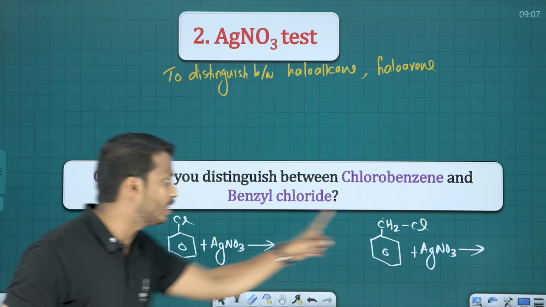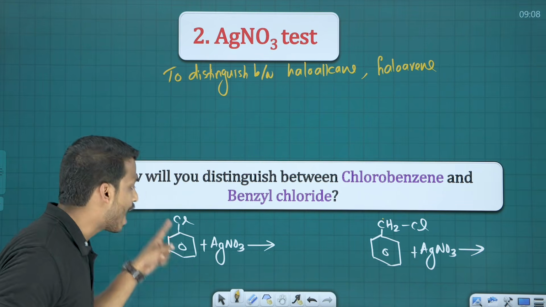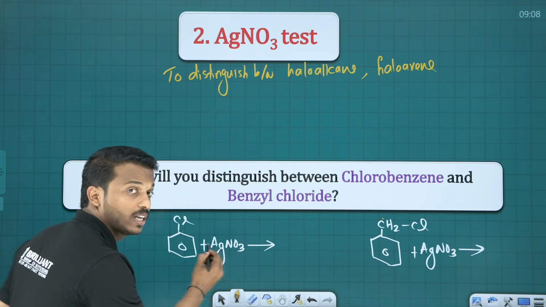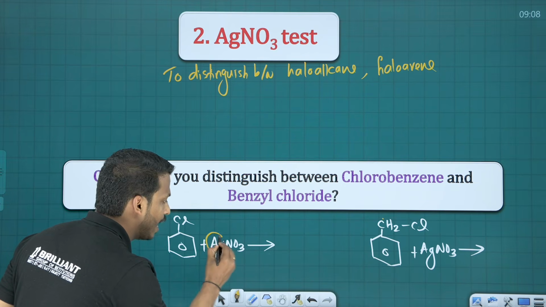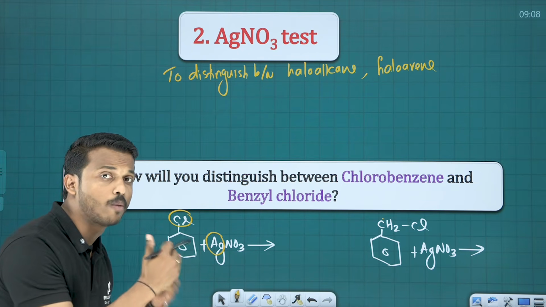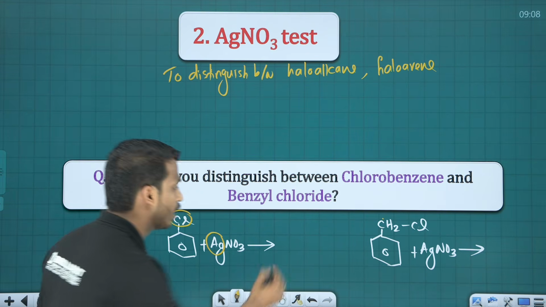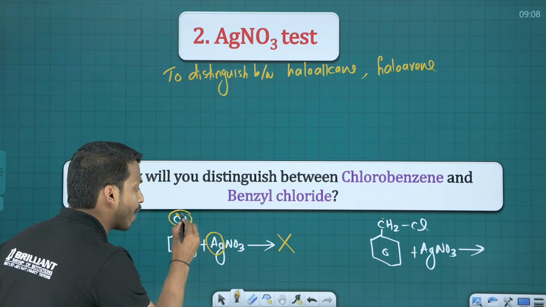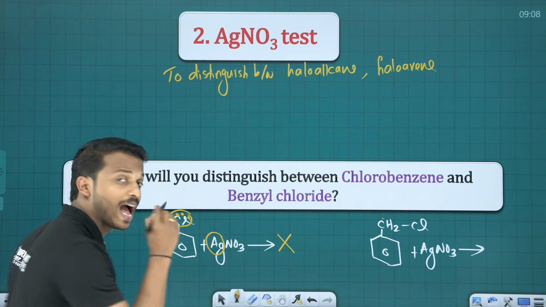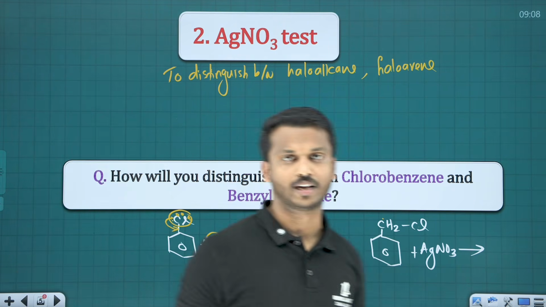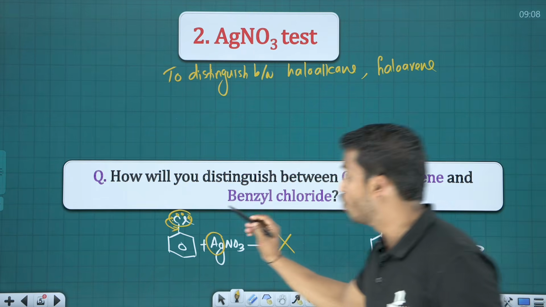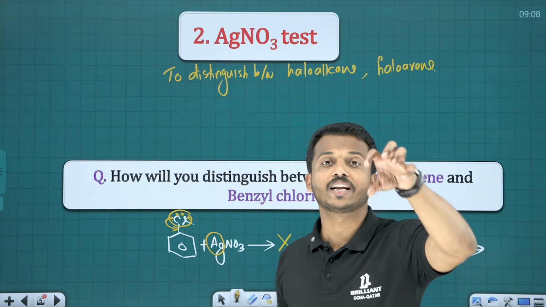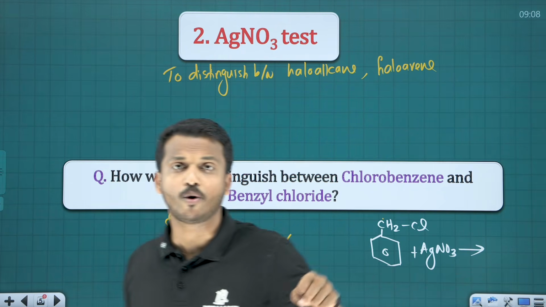So this is haloarene, this is a haloalkane. When haloarene reacts with AgNO3, no reaction. Why no reaction? The removal of halogen from the benzene ring is difficult due to the partial double bond resonance.